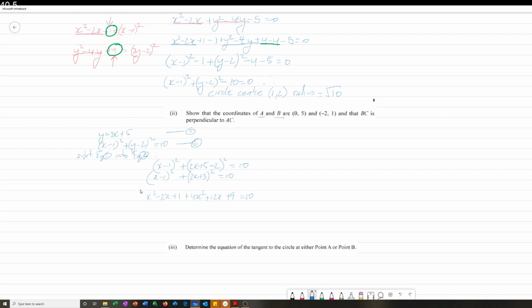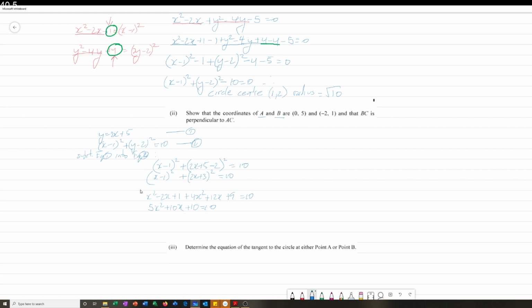Okay, so let's simplify the x squared. So this is 5x squared. Then I have a minus 2 and a plus 12, which will give me 10x. And I have a plus 1 and a 9, which is 10. That's excellent, because I know I have a 10 on the other side. So the 10s will cancel.